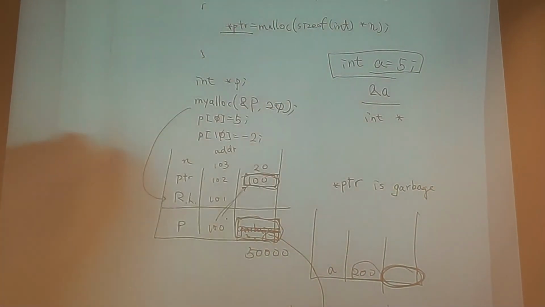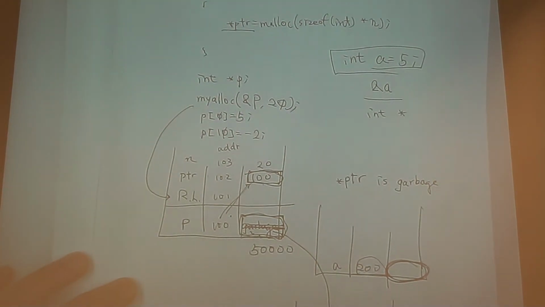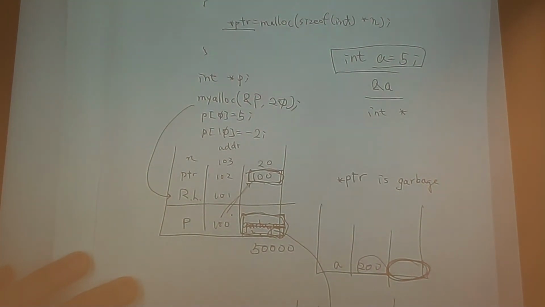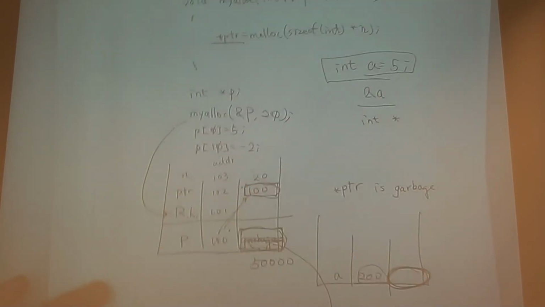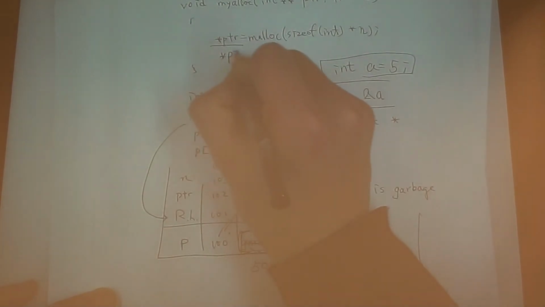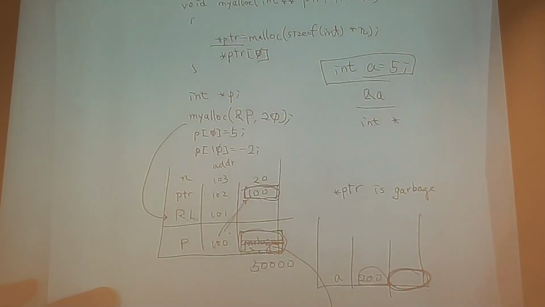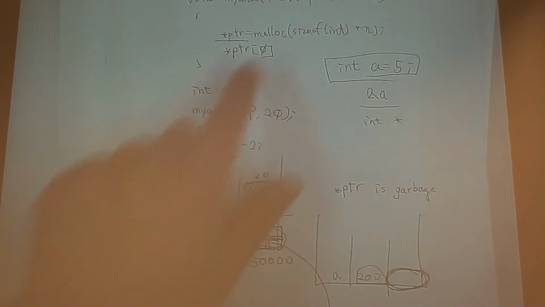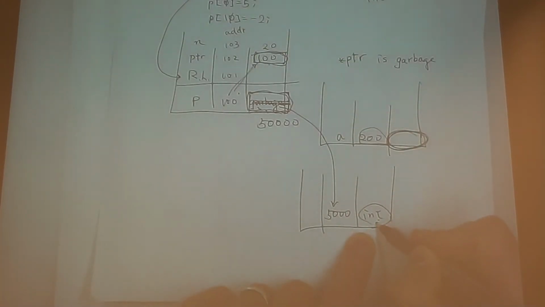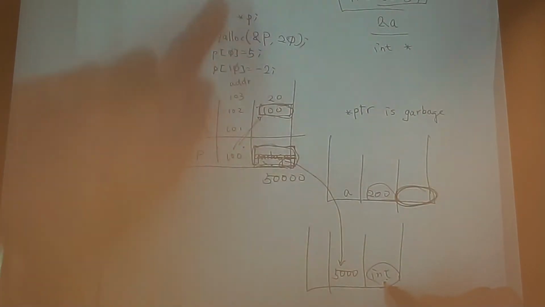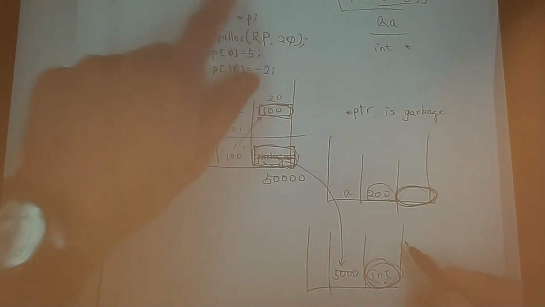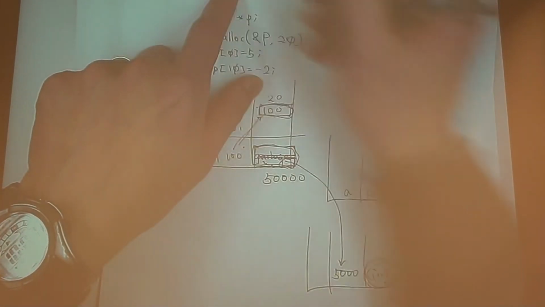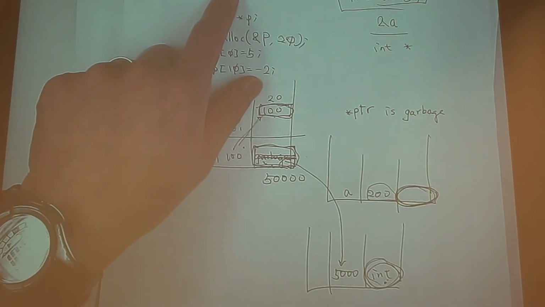Okay. Yes. In this function, we are allocating an array of size 20. So inside the function, if I want to access the first location of the array, would I say star ptr of 0? Yes. If you want to access the value in this memory, do you have to have a star in front? Yes. And if I don't put the star, then what happens?